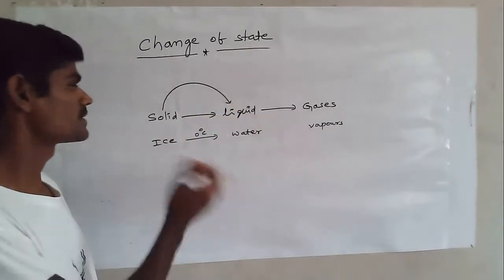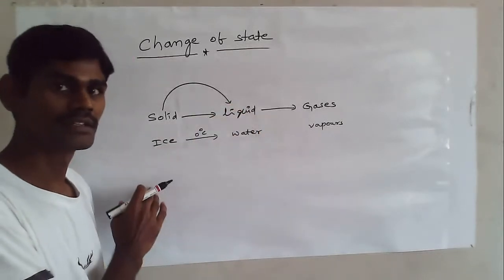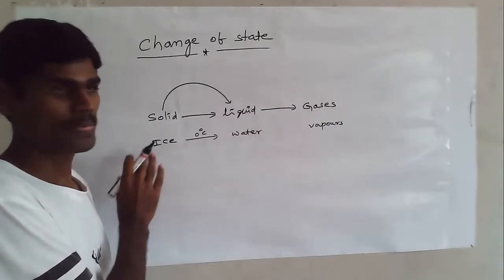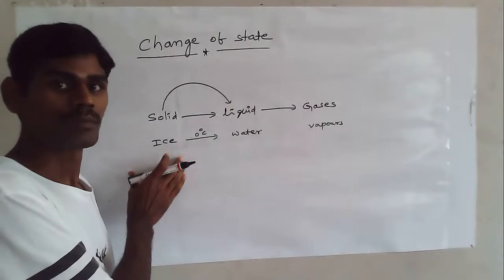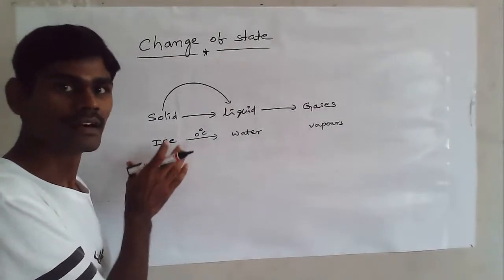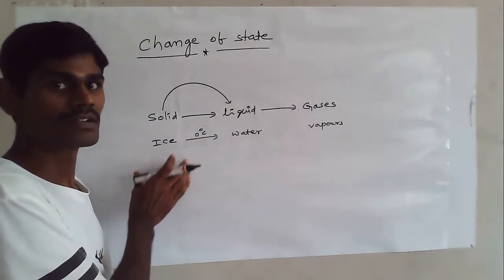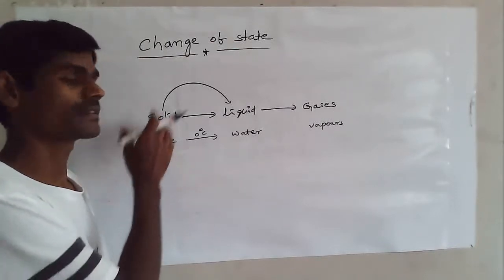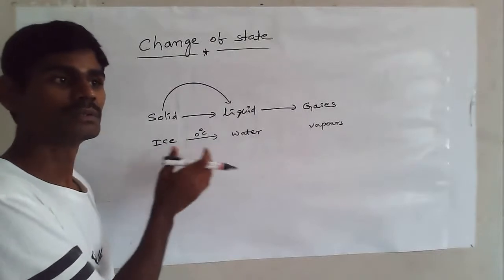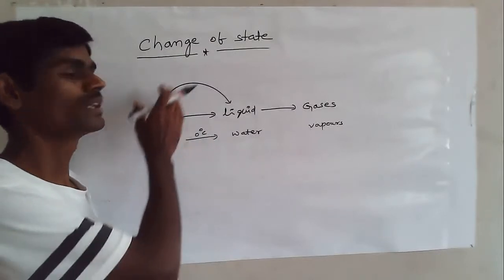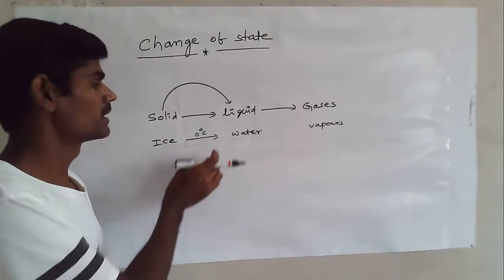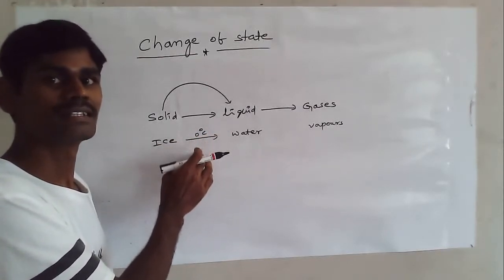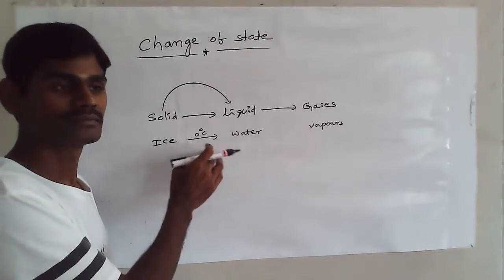At 0 degrees Celsius, ice converts into the liquid state. At 0 degrees and below 0 degrees Celsius, water molecules are present in the solid state, and the solid state of water is called ice. When the temperature rises from below zero to 0 degrees Celsius, it slowly converts into the liquid state. At 0 degrees Celsius, the water molecules are present neither fully in liquid form nor in solid form.